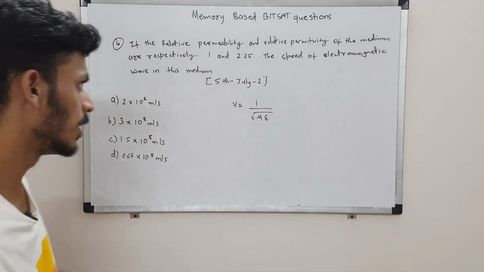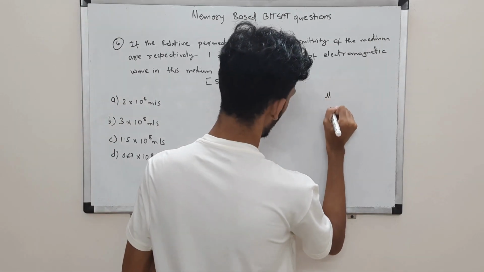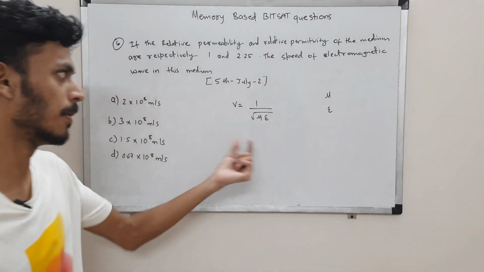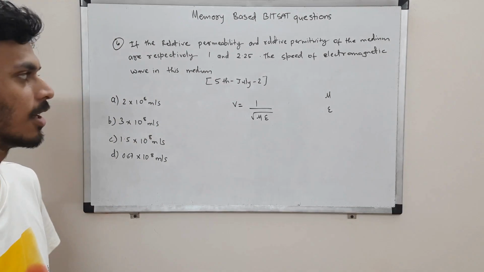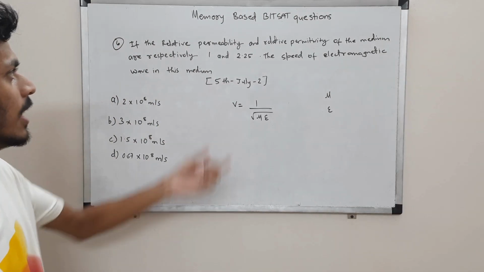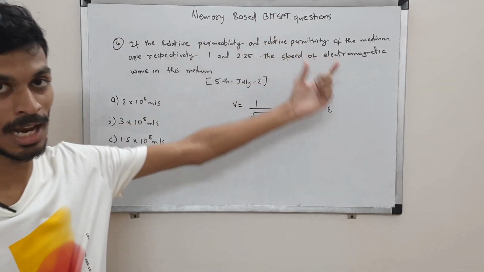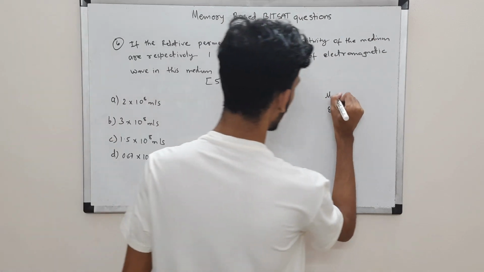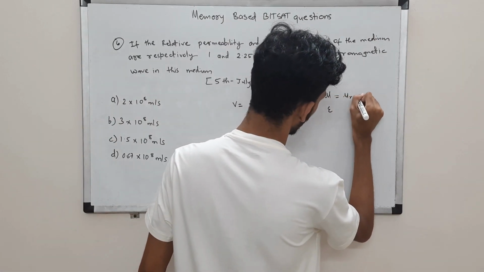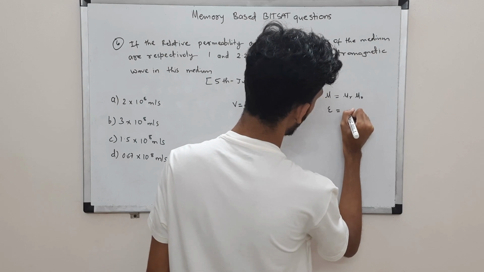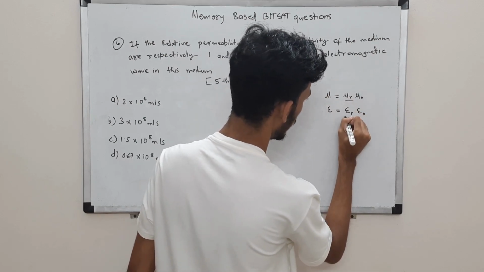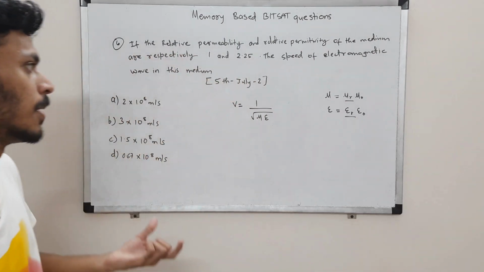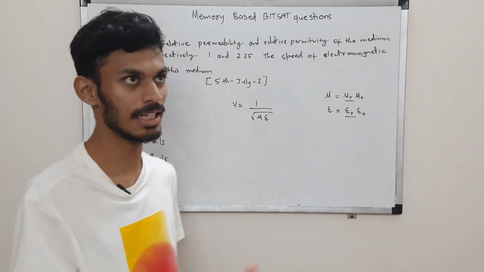Okay, now you need to understand this, that this mu and epsilon are the permeability and permittivity of the medium. Okay, if you want to write them in terms of relative permeability and permittivity, they are given as mu r times mu o. Okay, and this will be epsilon r times epsilon o. Here mu r and epsilon r are the relative permeability and permittivity respectively.